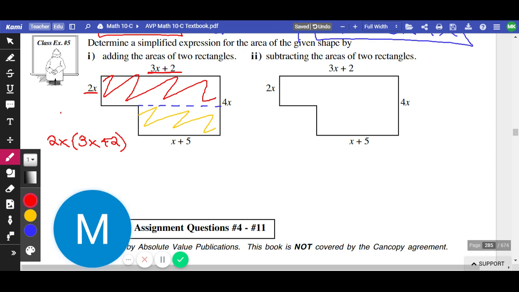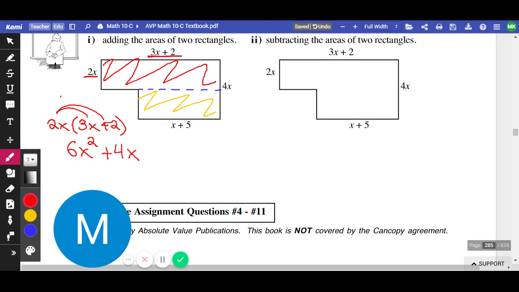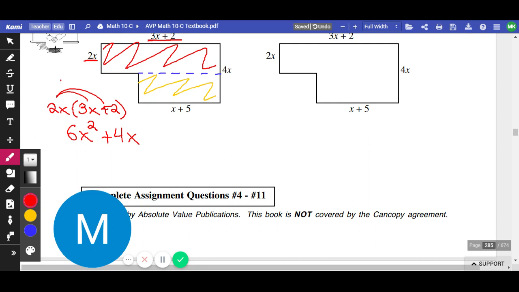So what should we do? We should distribute the monomial. Numbers with numbers, letters with letters. 2x times 3x becomes 6x squared. 2x times 2 would be positive 4x. That is the area of the red rectangle.